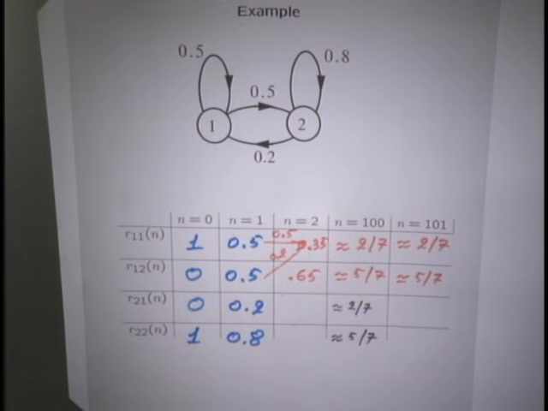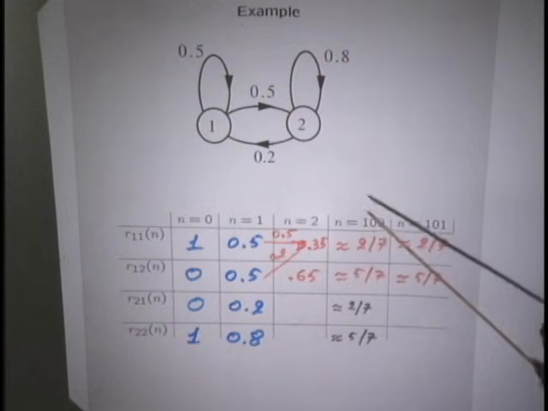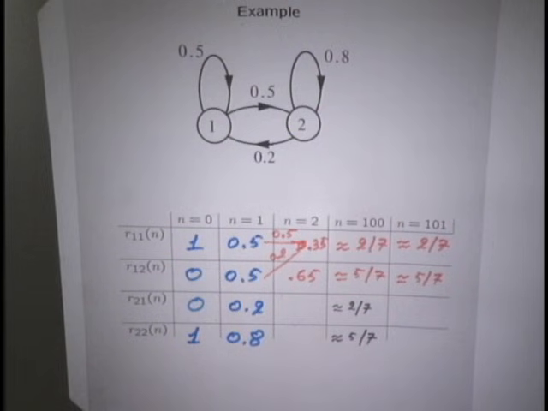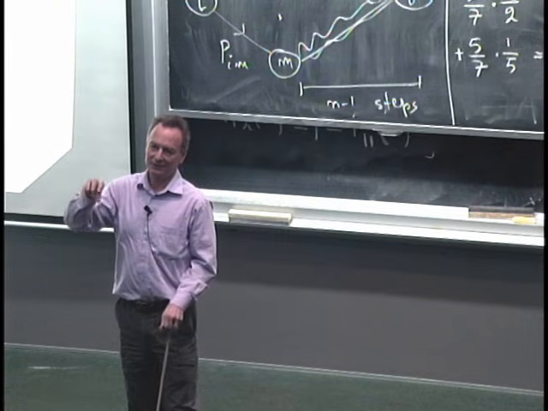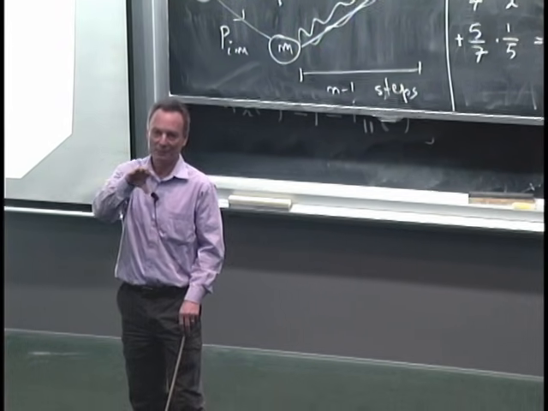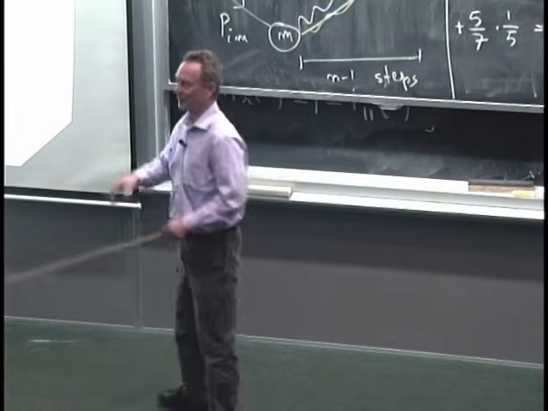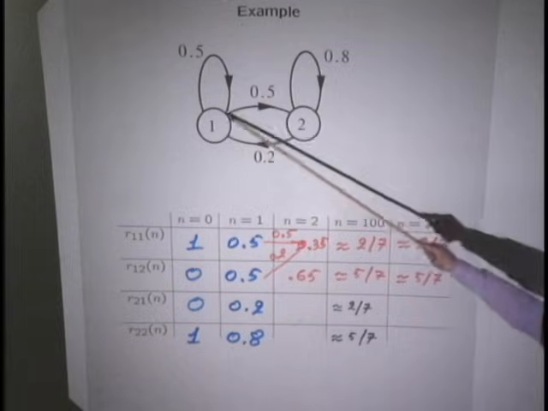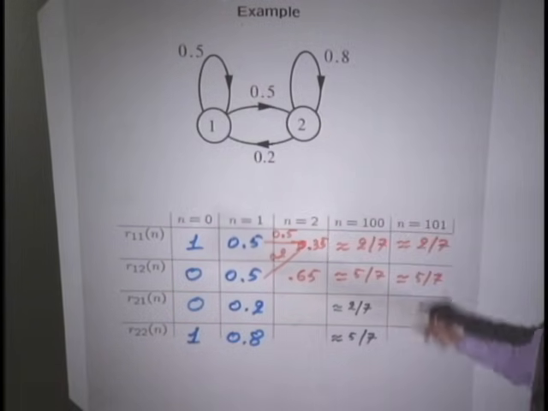We describe this situation by saying that the Markov chain eventually enters a steady state. Where steady state, what does it mean? Does it mean that the state itself becomes steady and stops at one place? No, the state of the chain keeps jumping forever. The state of the chain will keep making transitions, will keep going back and forth between 1 and 2.